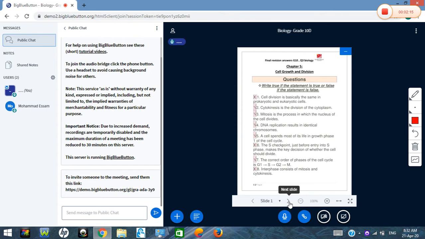What is the difference between G0 and G1 and S phase and G2?